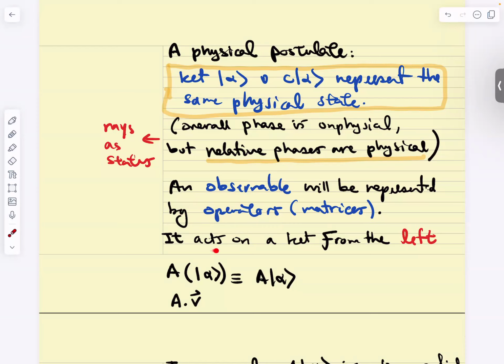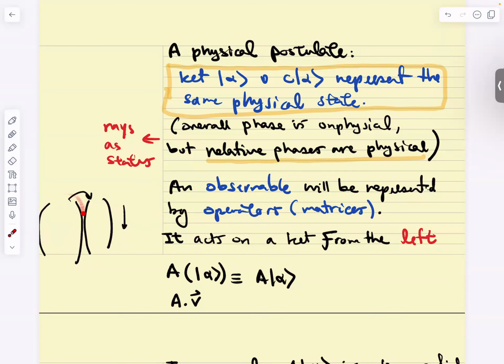They act on a ket from the left, the same way that a matrix acts on a vector. These kets are like column vectors, so if you have a matrix that acts on this, it will be acting on the left. This matrix acts on this column vector from the left by matrix multiplication and produces another column vector.